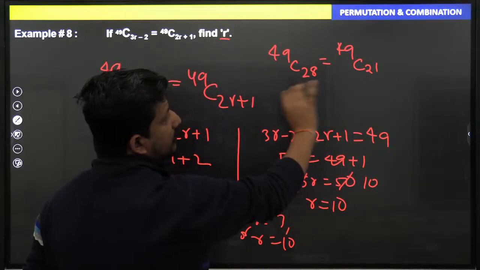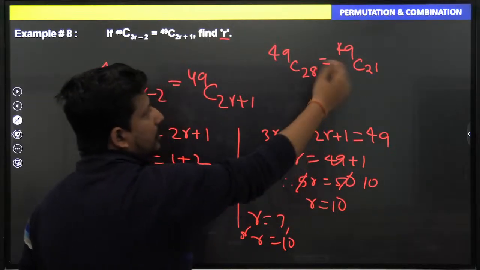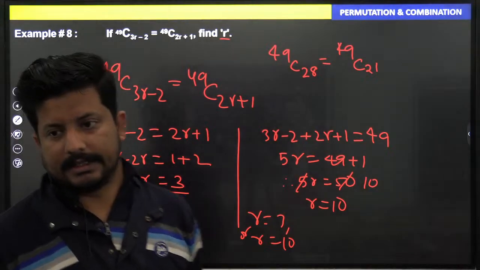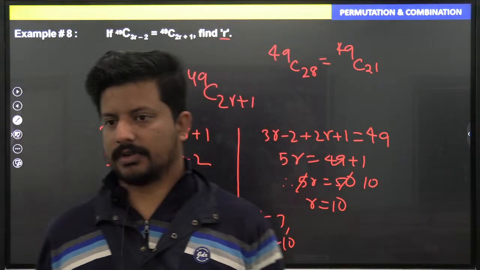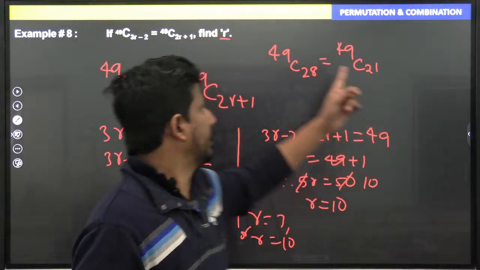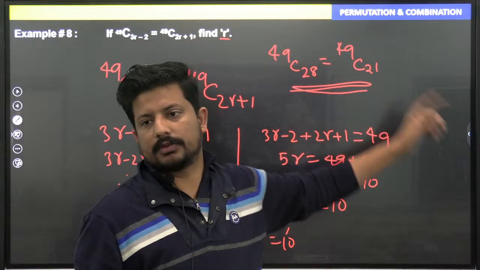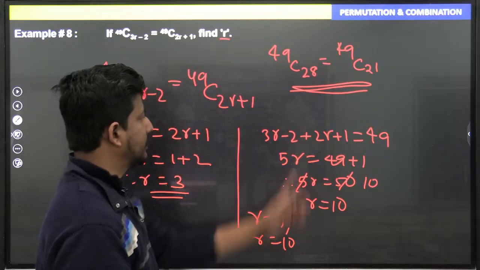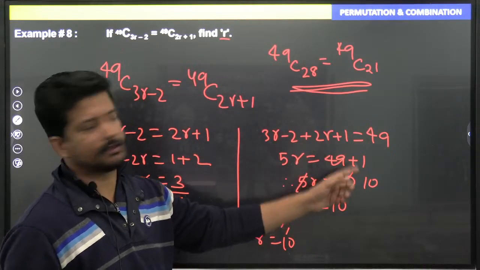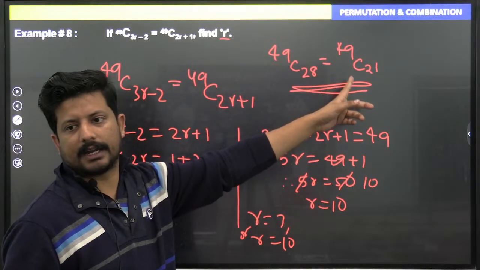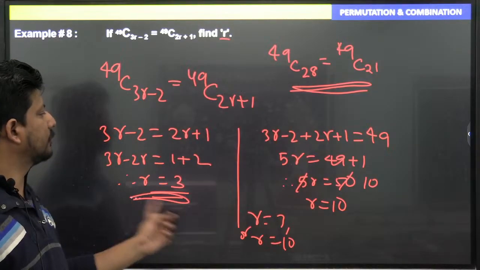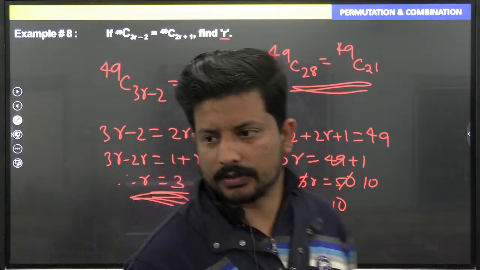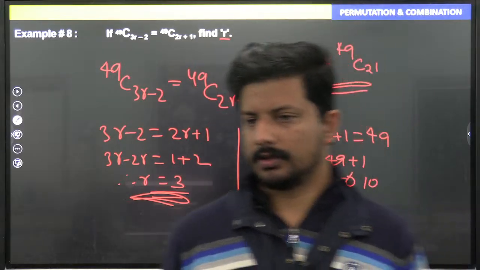You can see that both are equal because nCr is equal to nC(n minus r). So do not get confused that on this side there is 28 and on that side 21. This is also equal in numerical value. Of course you know that in this one you are using the n minus r formula, so it gives you n minus r like that, and in this one you use it directly. Yes or no? Okay?